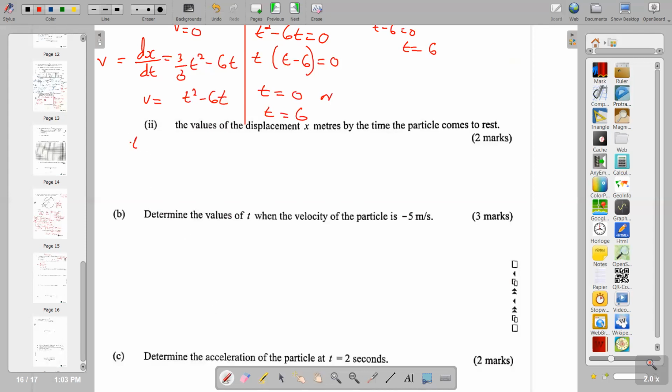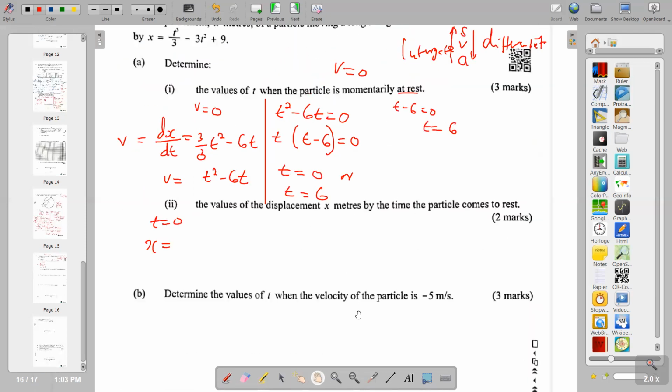So when t is equal to 0, x is equal to, substituting in the original equation given up there, 0 over 3 minus 3 times 0 plus 9. So when t is equal to 0, x is equal to 9 meters.